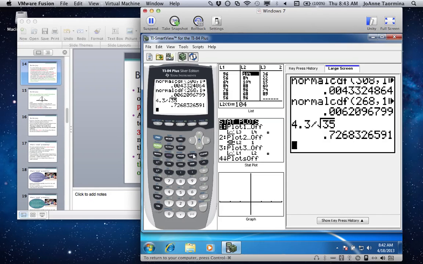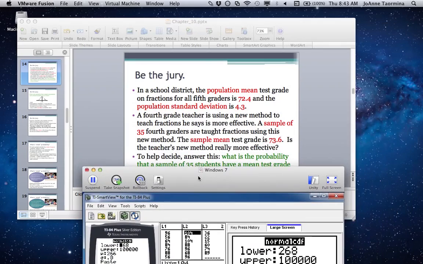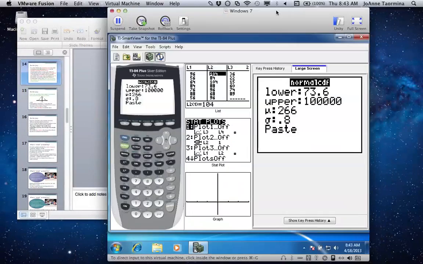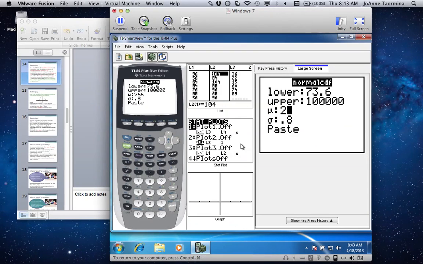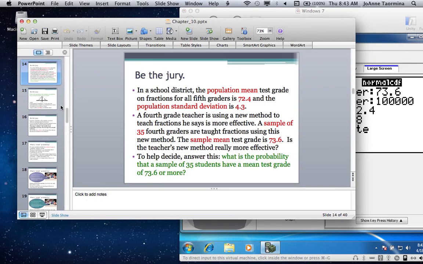Second, DISTR, normal CDF. Let's remember what the numbers were. 73.6 to 100,000. The mean is 72.4. And the standard error was what we just calculated, and I don't remember exactly what it is.